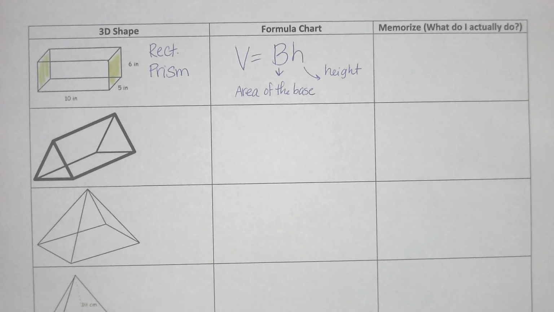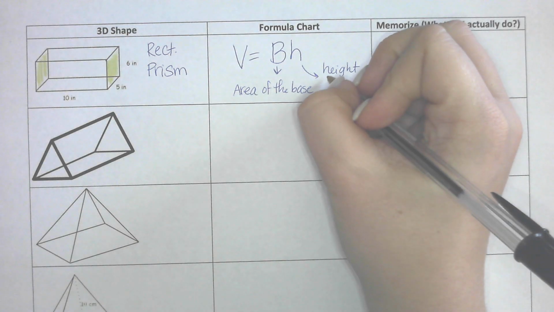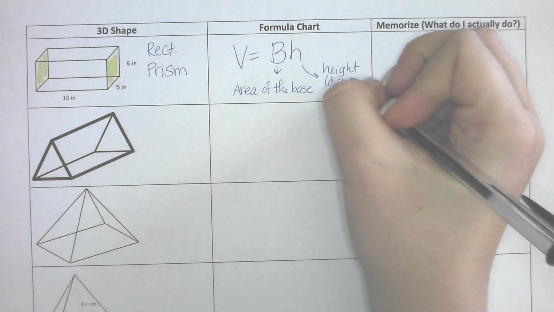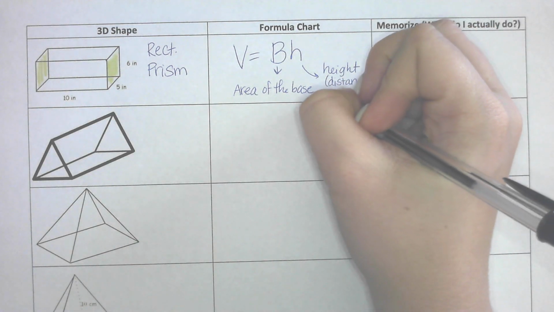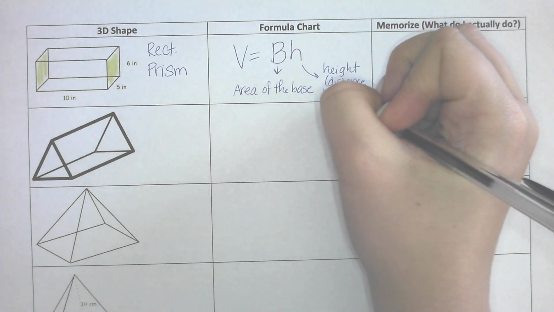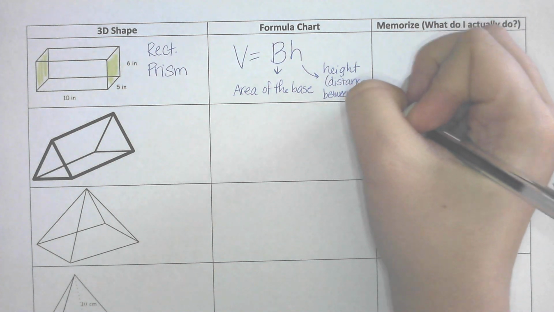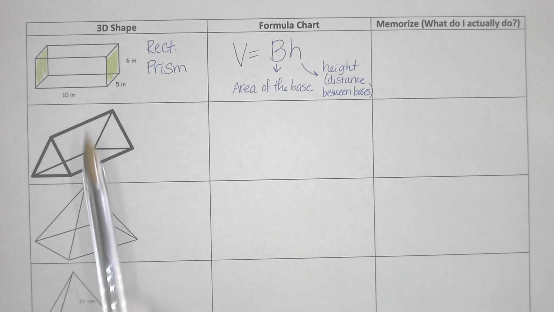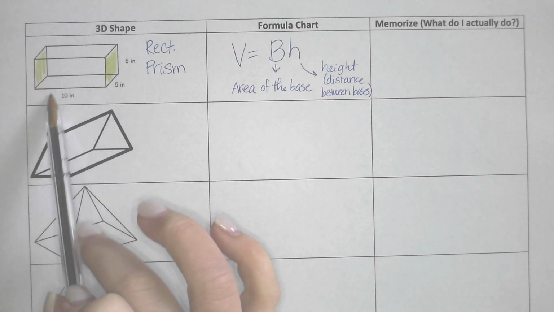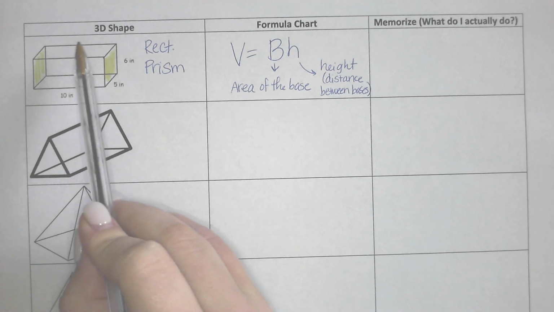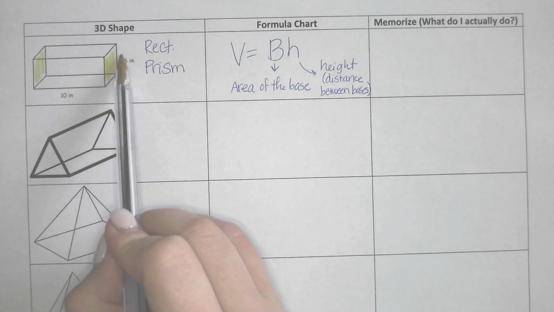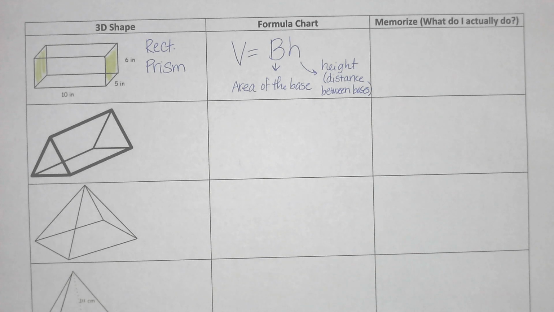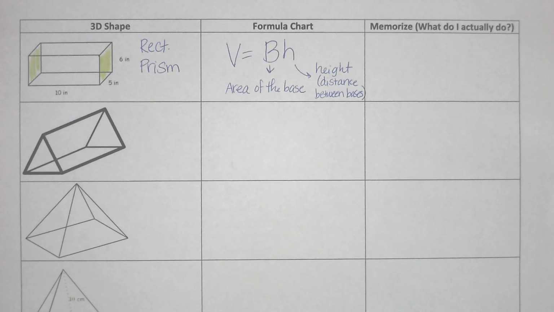And remember, the height is the distance between base or bases. Okay? So the height is always the distance between the bases. So if I said these are the bases, the height would be this 10. Okay? If I said the top and the bottom are the bases, the height would be the 6, okay? So it really just depends on what the bases are for rectangular prisms.